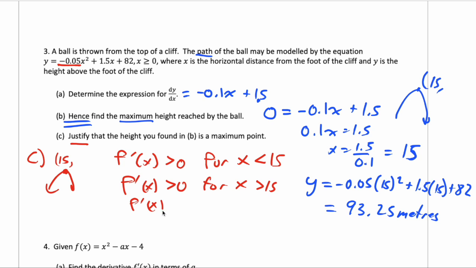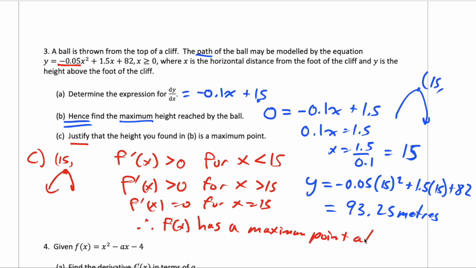And f prime of x equals 0 for x equals 15. Therefore, it must be a maximum. Therefore, f of x has a maximum point at x equals 15.